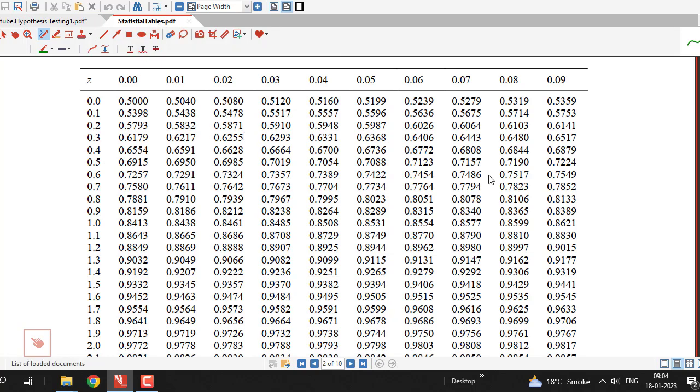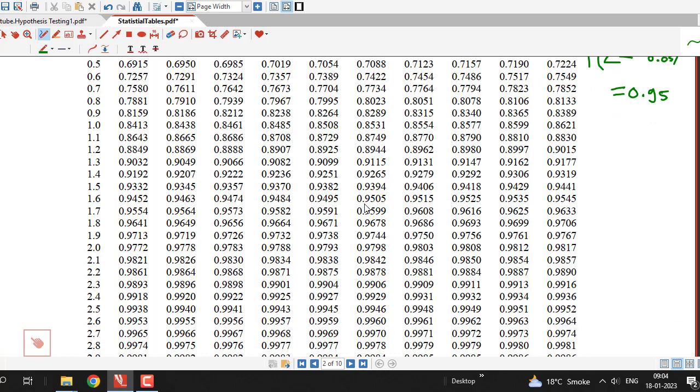We have to search for 0.95 area. All these values are cumulative probabilities, and we are interested in the cumulative probability of 0.95. So I have to search for 0.95 area in this table. Here I have 0.9515.